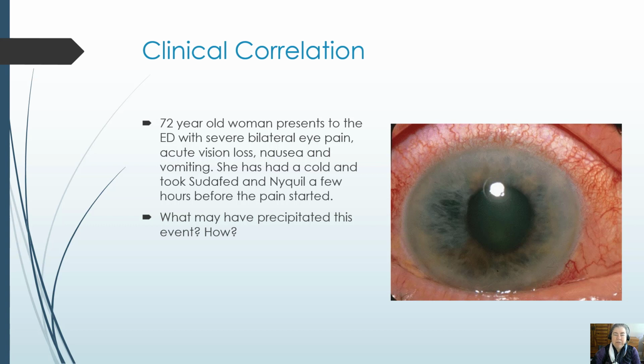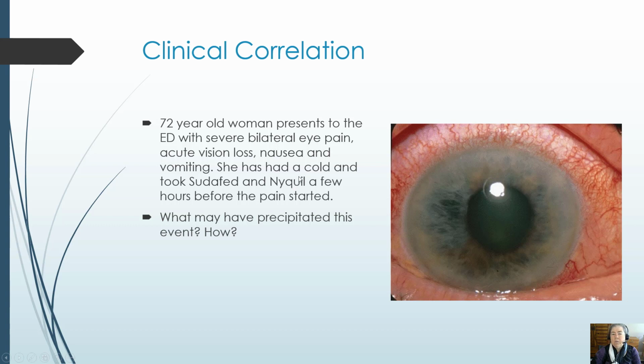A 72-year-old woman presents to the emergency room complaining of severe bilateral eye pain, vision loss, nausea, and vomiting. And when you get a little more history, she says she had a cold and she took some Sudafed and some NyQuil a few hours ago, and the pain started after that.